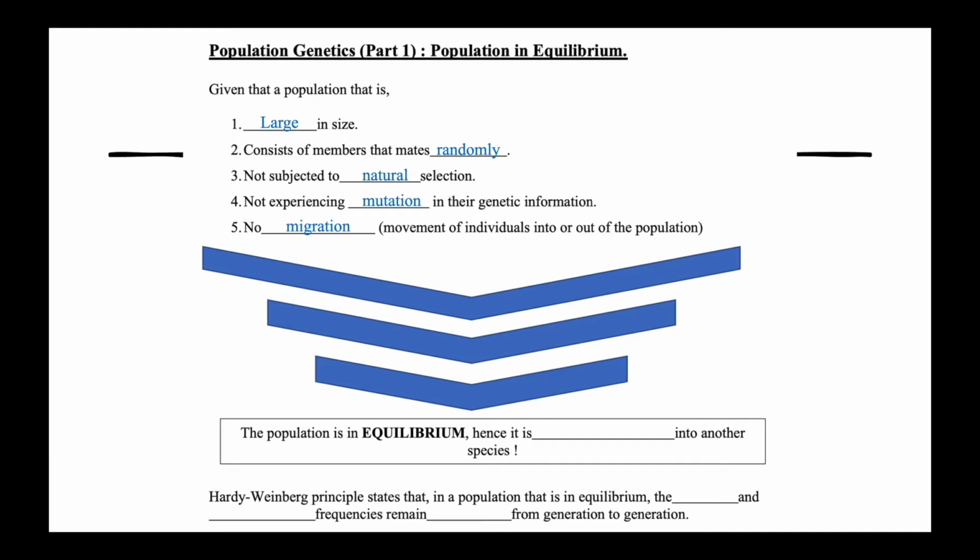Hence, the population is not evolving into another species. Hardy-Weinberg principle states that in a population that is in equilibrium, the genotypic and phenotypic frequencies remain the same or constant from generation to generation.